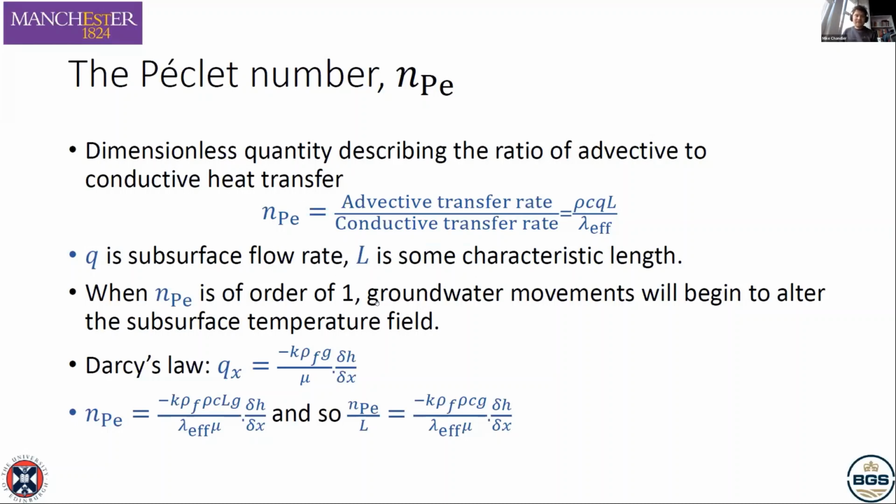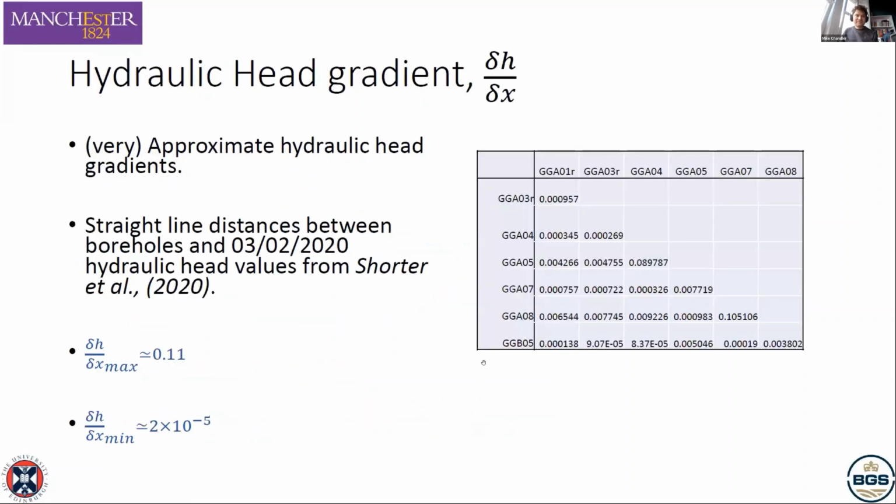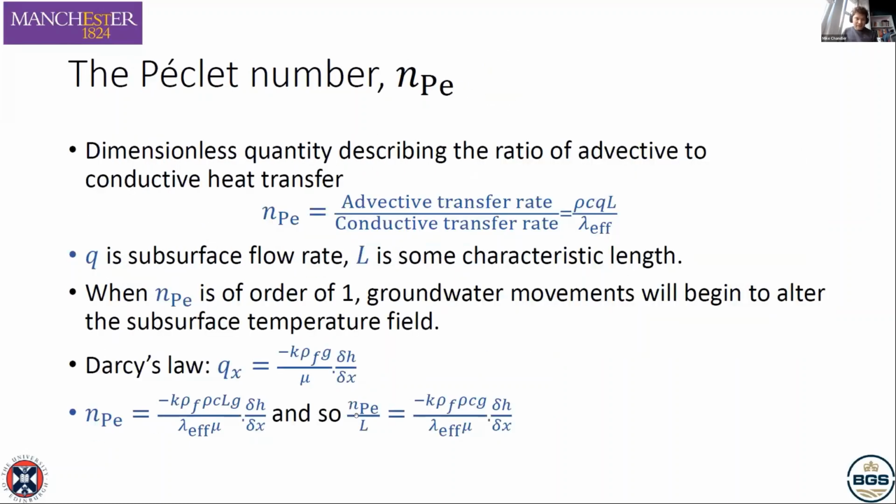So when this number is of the order of 1, groundwater movements begin to affect the subsurface temperature field. If I substitute in Darcy's law to this definition, we get something that looks a bit like this. And essentially, this is defining the Peclet number in terms of L, a load of constants, the hydraulic head gradient, and K, which is this stress-sensitive permeability we've measured.